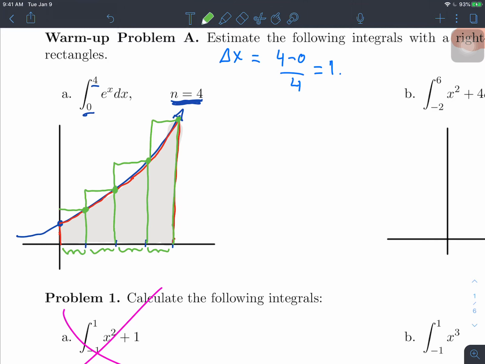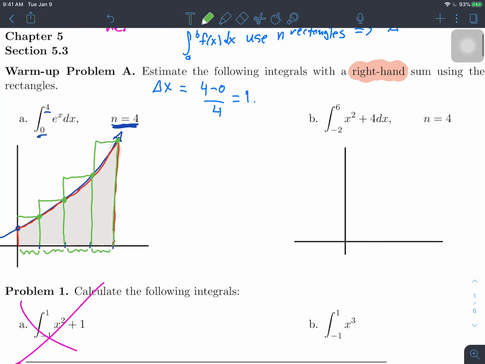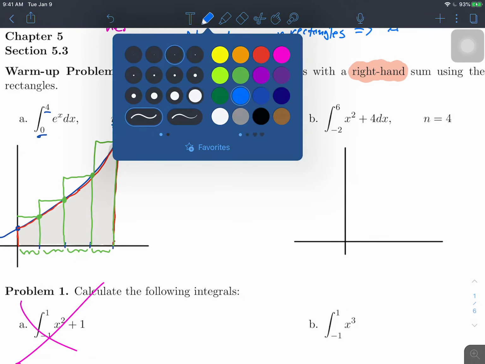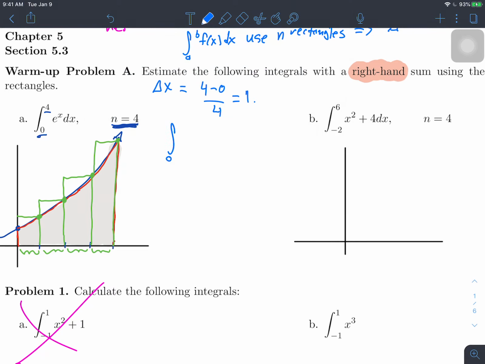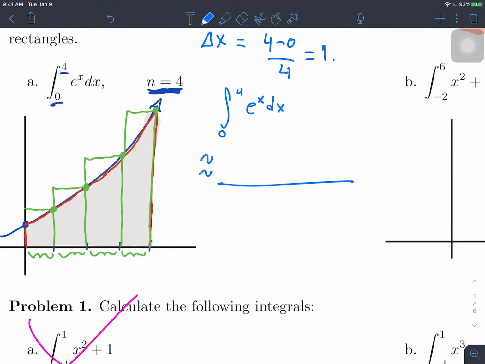Okay, so how do I find the area of each rectangle? Let's start by trying to answer this question. We want to say the integral from 0 to 4 of e to the x dx is approximately equal to, and now we should write something down, which should be the combined area of all of these rectangles.